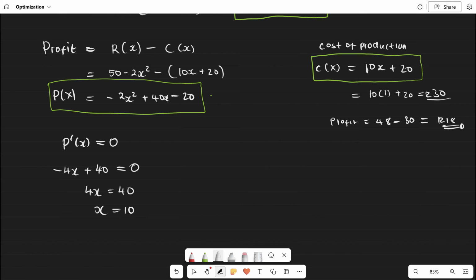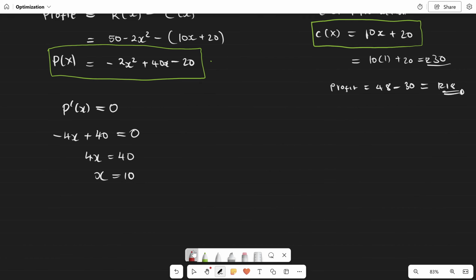So now we know that we must produce 10 units in order to make maximum profit.